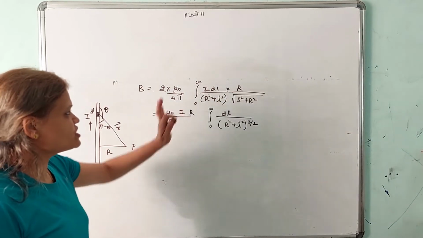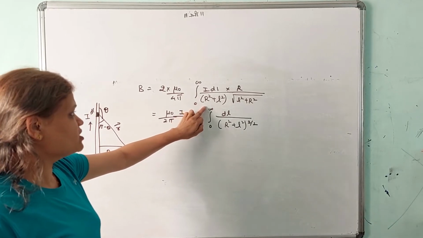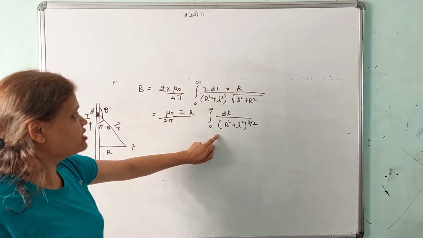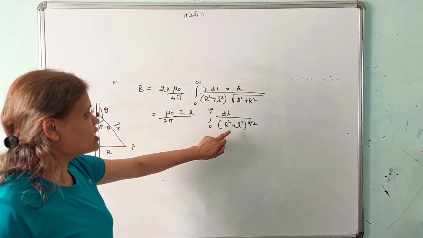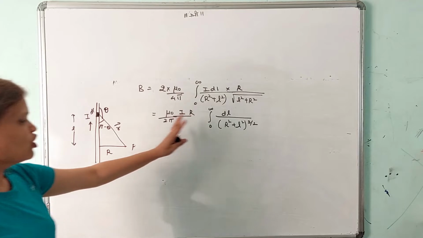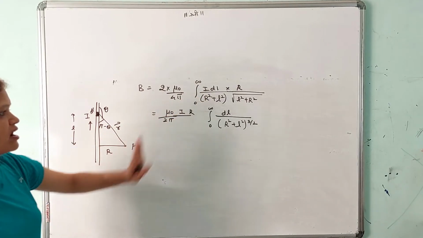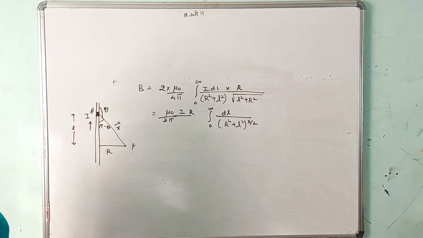Okay, so we have substituted sin theta and we have substituted the small r square, which is capital R square plus L square. So we get in the denominator capital R square plus L square raised to 3 by 2. All other terms, that is mu naught by 4 pi times 2, this becomes mu naught by 2 pi. I and R are taken out of the integration being constant.